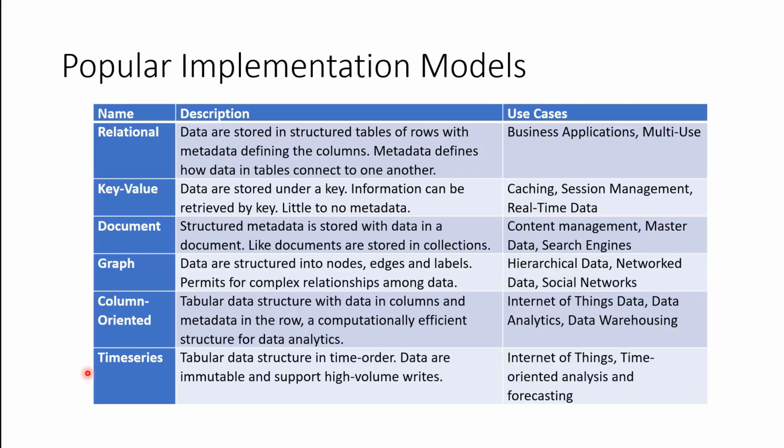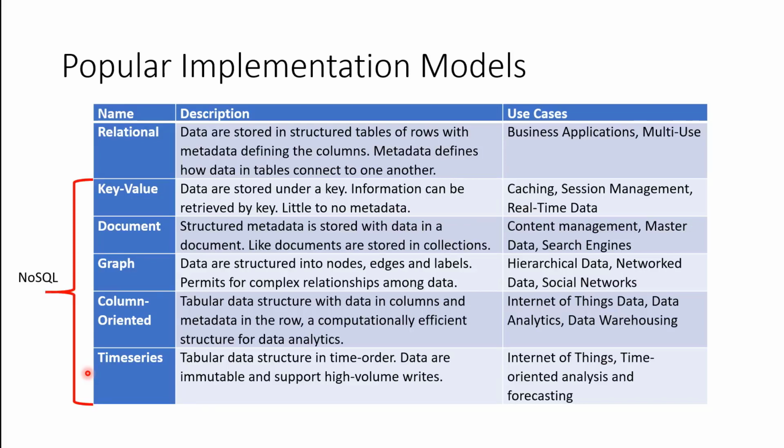This makes the database perfect for time series analysis, forecasting, also Internet of Things, sensor readings, anything with super high volume writes. But what we're losing out on with time series is the ability to go back and change something that was written.